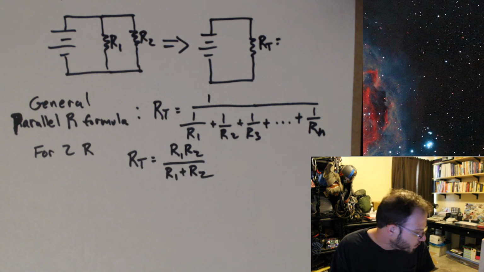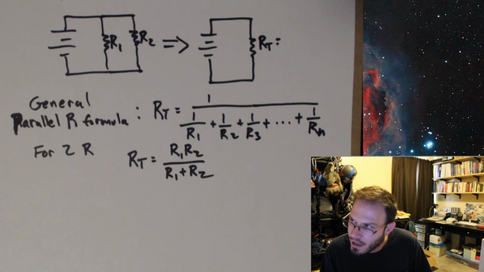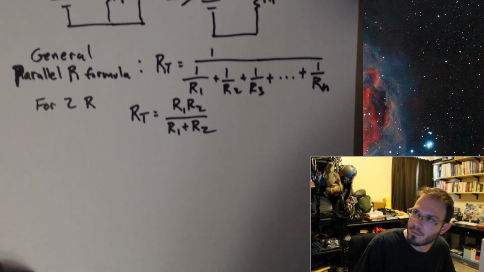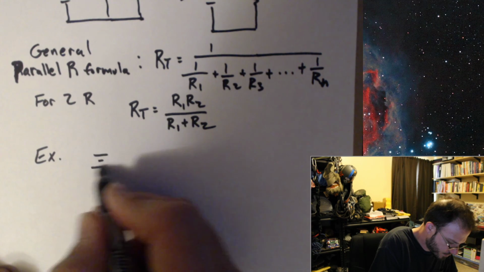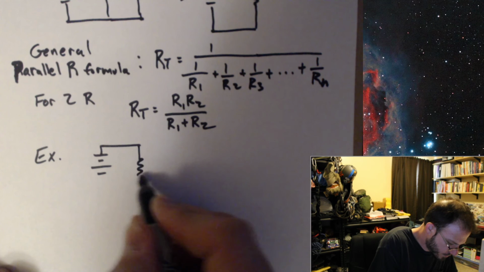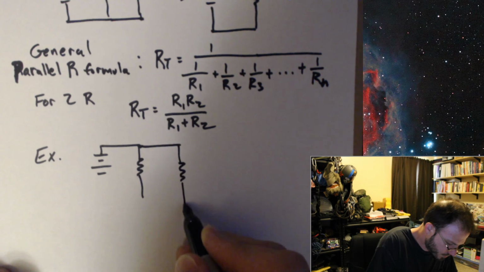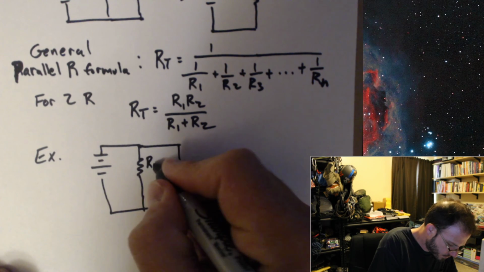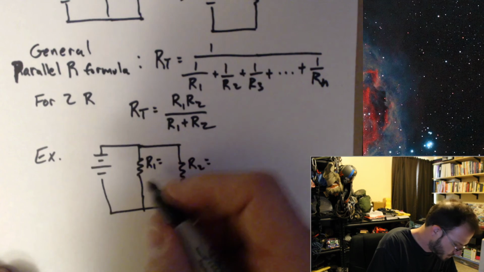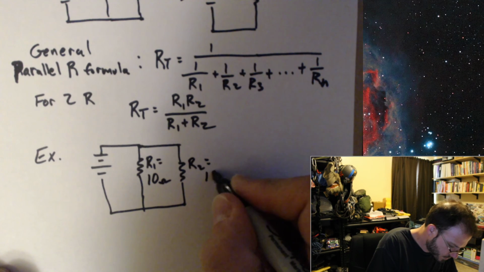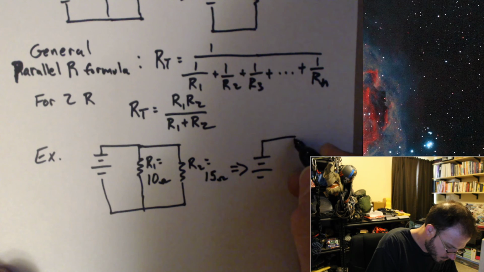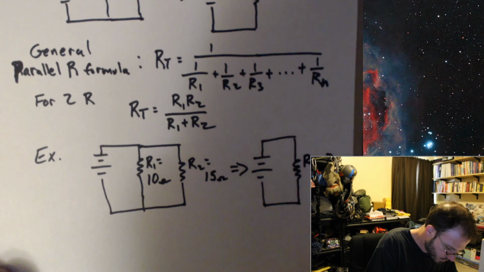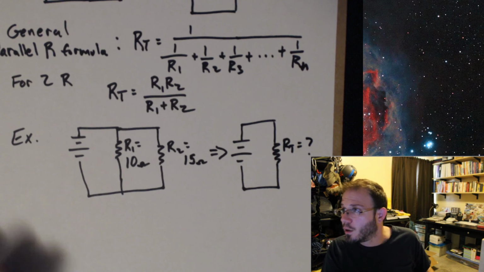Now let's go ahead and do an example of this. Let's say I have 10 ohms in parallel with 15 ohms. Okay, so can I go ahead and merge these resistances?